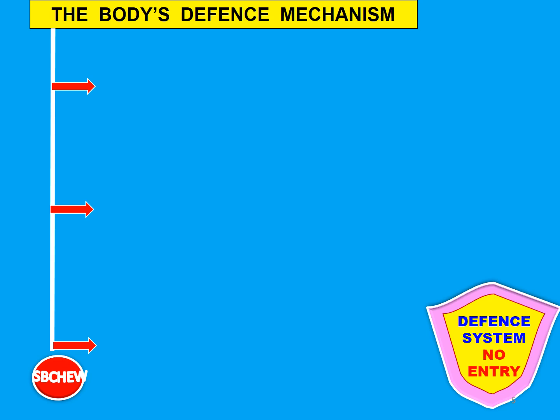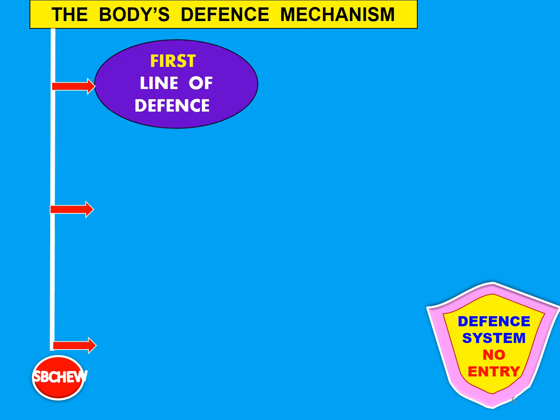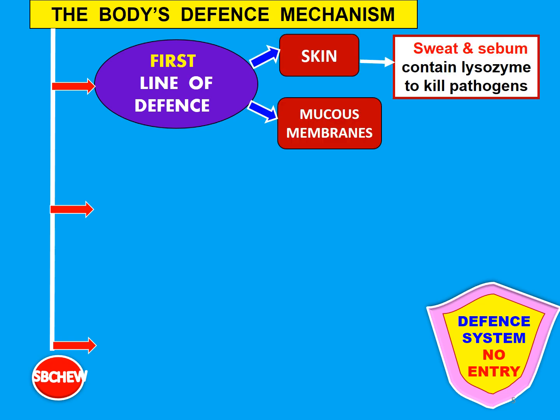Let us discuss this flow chart, which is very useful to study the 3 lines of defense of our body. The first line of defense is the skin and the mucous membranes. For the skin, there are a few structures and fluids that help to protect us.